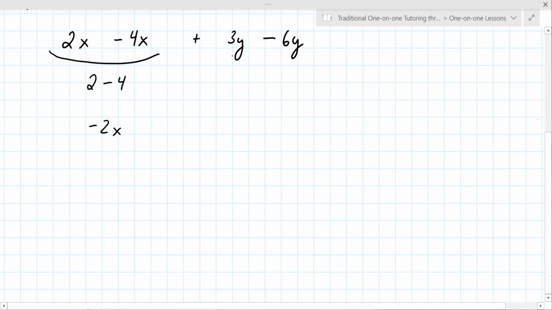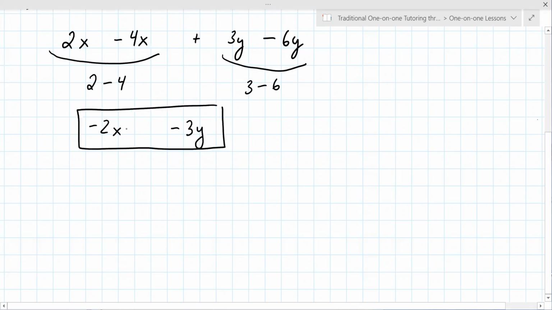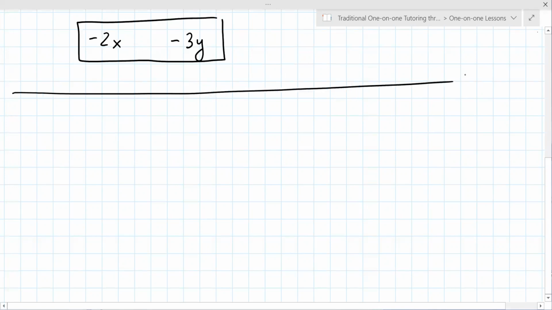And how about 3y minus 6y? What is 3 minus 6? Negative 3y. Right, negative 3y. Now this is your final answer because you can't combine these, because this is x and this is y.